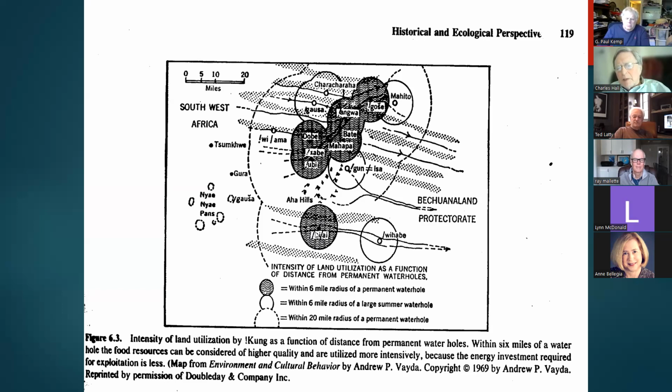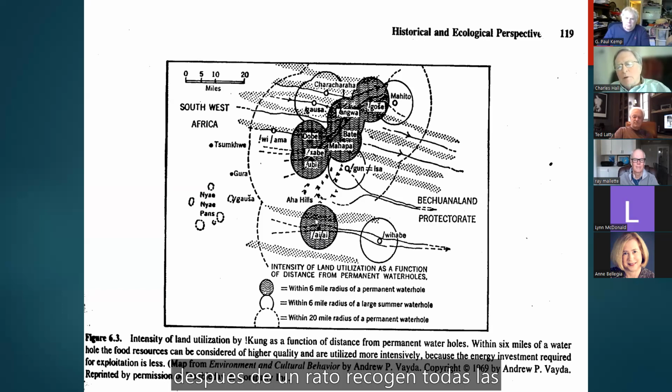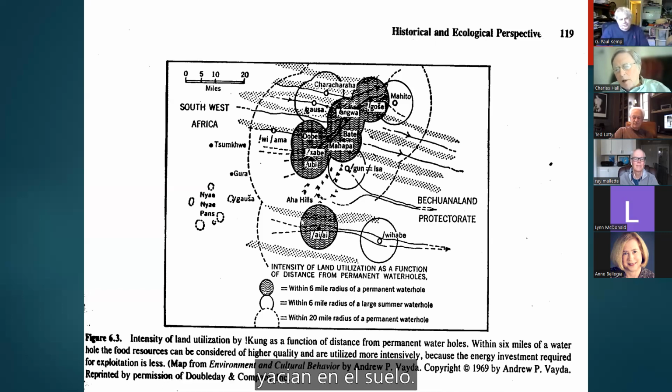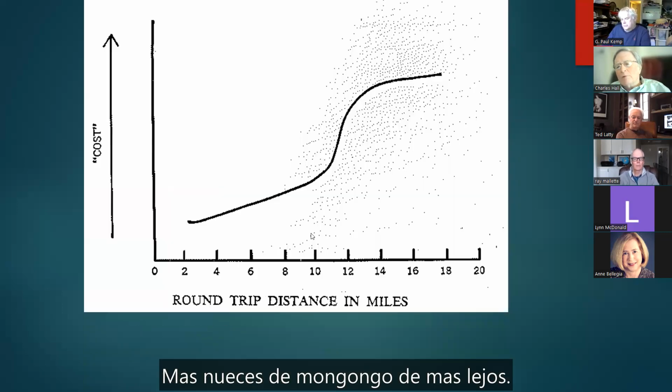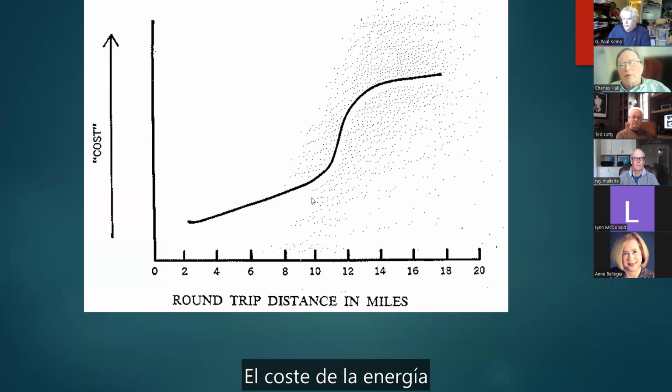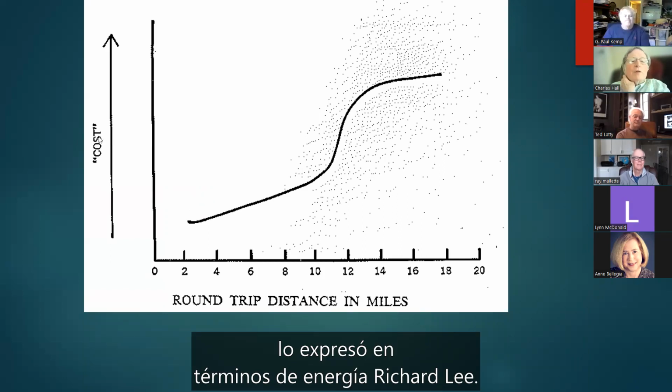And then after a while, they gather all the mongongo nuts that had lain on the ground, and they'd have to take an overnight trip to go and get more mongongo nuts from further away. And so the energy cost, it wasn't put in terms of energy by Richard Lee, the original author.